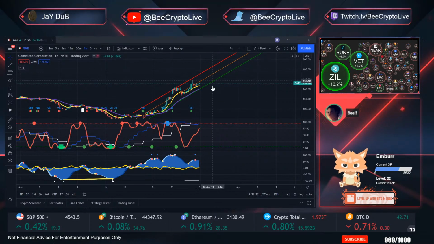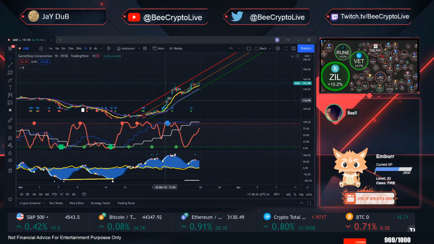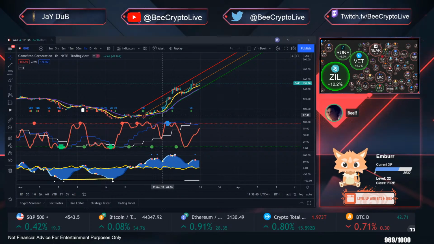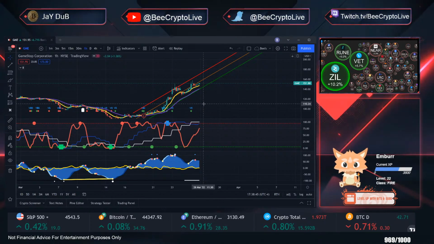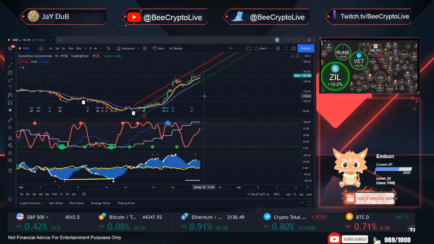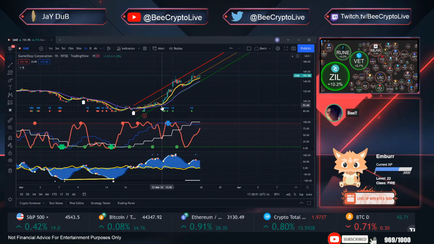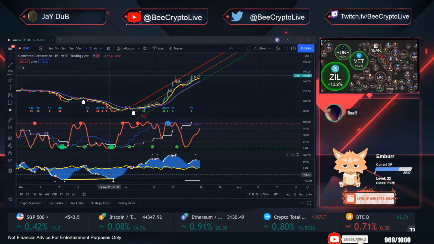Just throw on a 9 and a 30, 9 EMA, 30 WMA, and watch for 1, confirmation of uptrend, and 2, that little green candle prints, and then buy at the little green candle. And if this were to cross instead, if this crosses, you exit your trade.